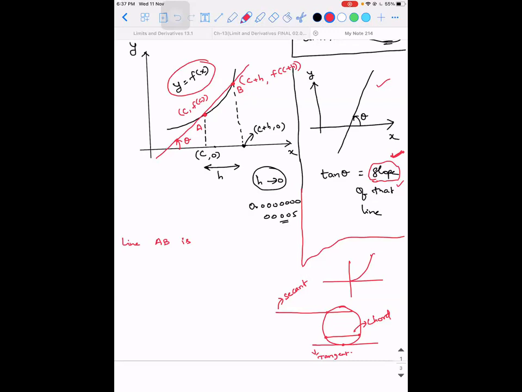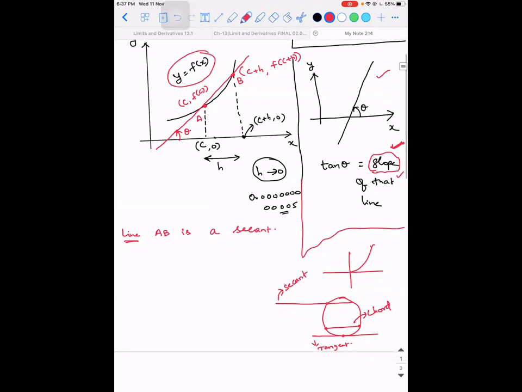Now I'm raising an important question. You can forget about the chord because a chord is a line segment. Now I'm talking about a line. The line AB that I've drawn for this curve, is it a secant or a tangent? It's a secant, no doubt in that. Now comes a question.